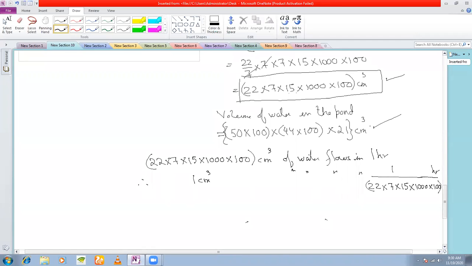Therefore, what is the volume of water you need to flow from the cylindrical pipe? This much volume.